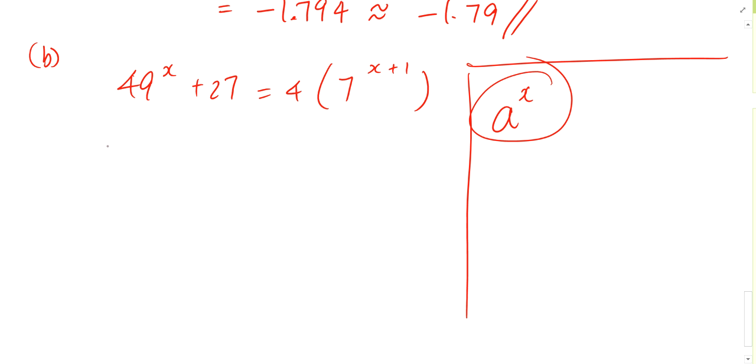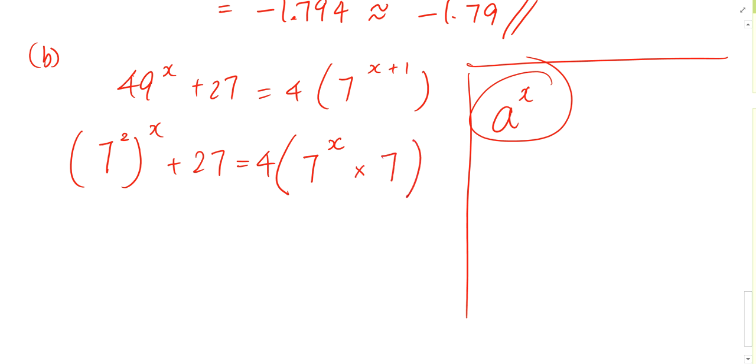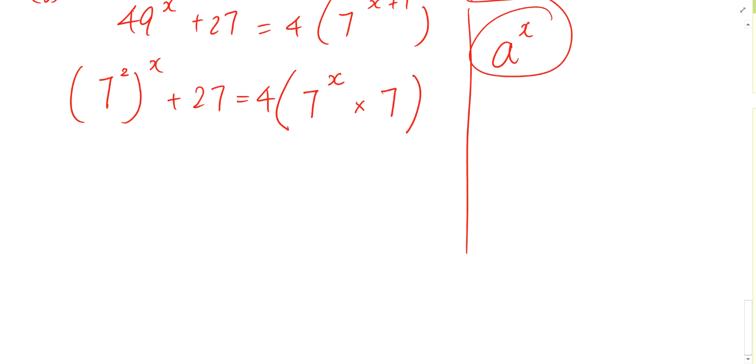So 49 is rewritten as 7 power 2, to the power of x, plus 27 equals 4 times 7 power x times 7. Agree? This part okay or not? Next, we have (7 power x) square, because 2 times x is the same as x times 2.